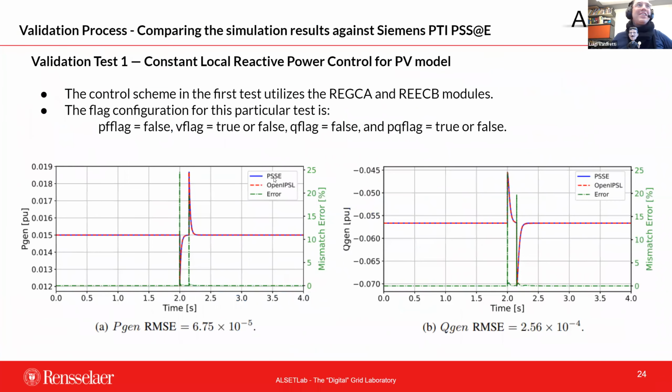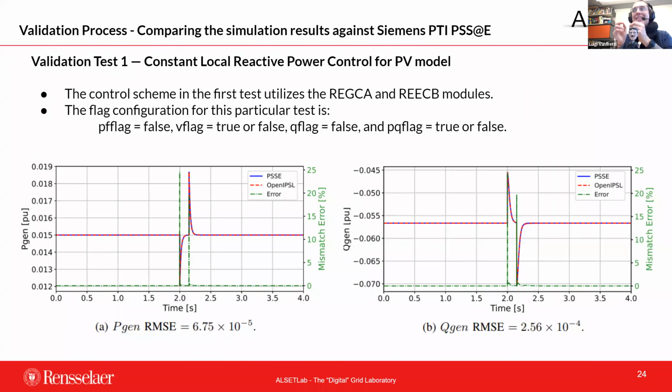And what you see here is that PSSC and OpenIPSL, my library, will give you exactly the same result, except during some points on the fault, which is just a numerical simulator problem in terms of the numerical method. So there is one point that is a little bit off exactly during the fault. And that's because I haven't been able to reverse engineer how PSSC actually applies the faults.